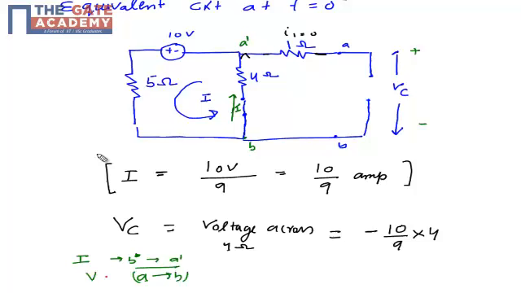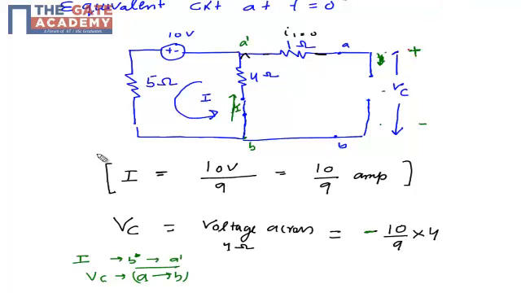So this is the opposite direction, because current always flows from positive to negative. The current across the capacitor, IC, should flow from plus to minus, from A to B, so the direction is opposite for current IC and current I. I is flowing from B to A dash, and I am observing VC from A to B. So there would be a minus sign, because this terminal is actually negative, but I am considering it as positive.